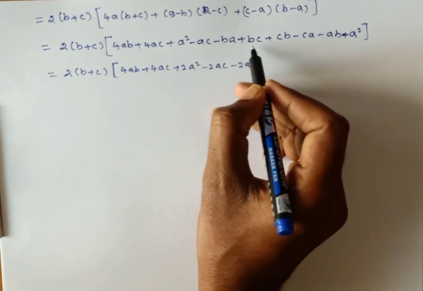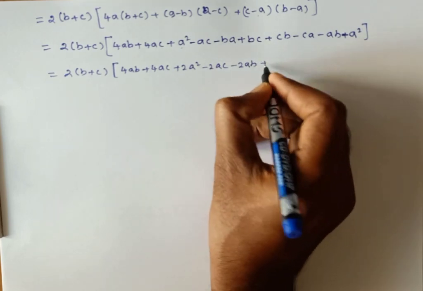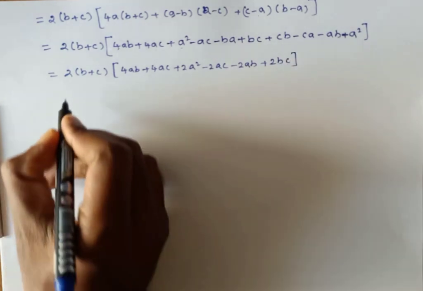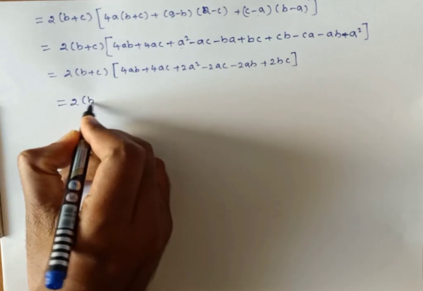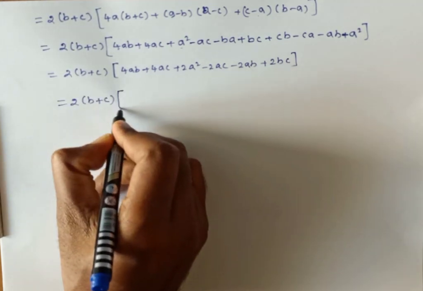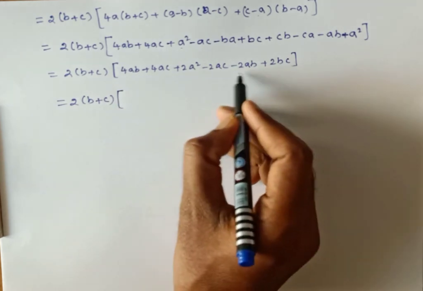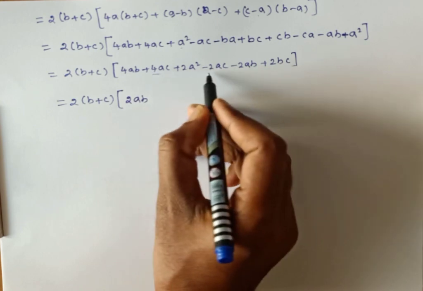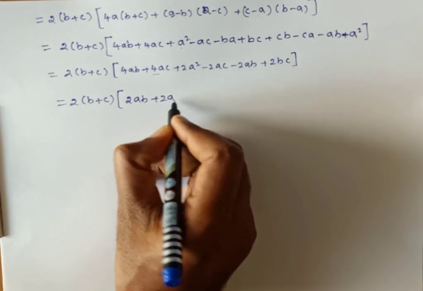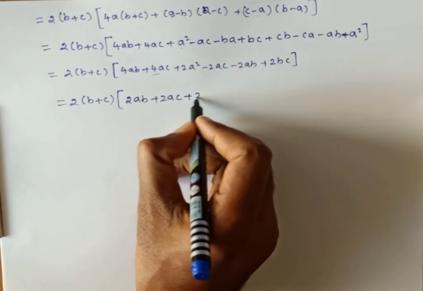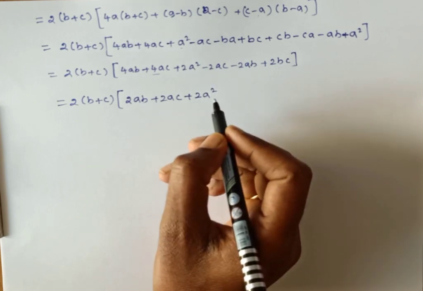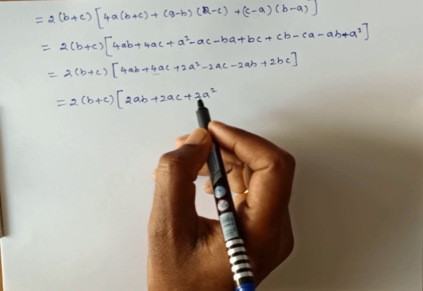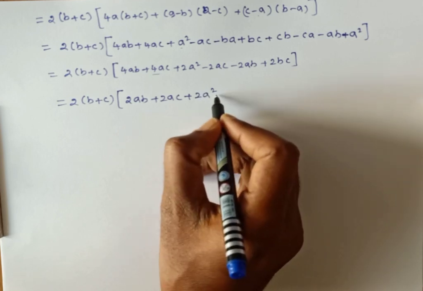And plus bc and plus cb, so it is plus 2bc. Now finally this is 2 times of b plus c. So here 4ab minus 2ab, so it is 2ab. 4ac minus 2ac plus 2ac, plus 2a square and plus 2bc.